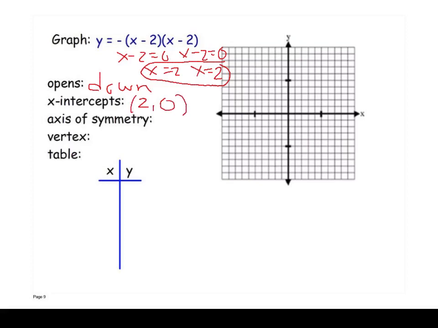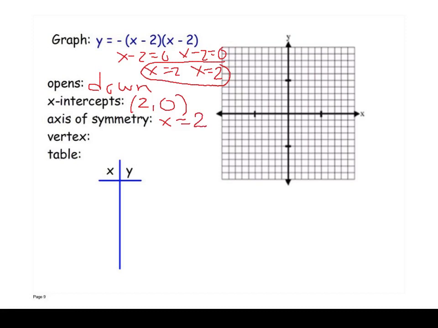Since this is only one value, our axis of symmetry has an x value equal to 2. If I had added the x equals 2 and the x equals 2 together and divided them by 2, I still would have found my x equals 2.